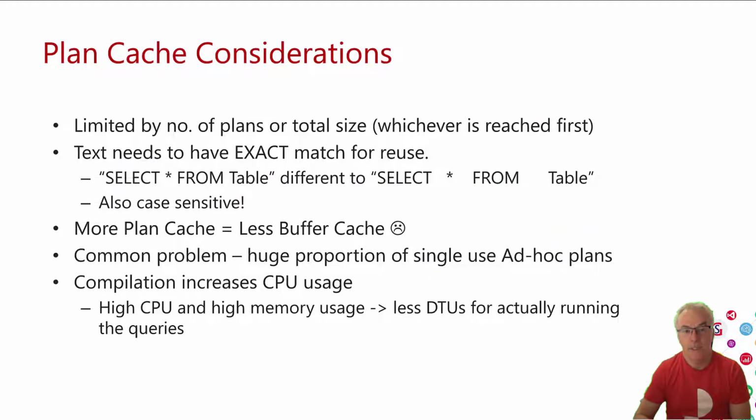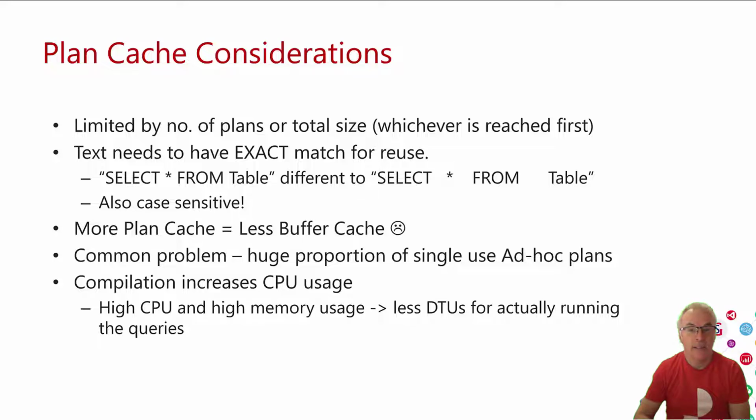Some of the aspects we need to be aware of, though, around the plan cache is that there is a limit to it, either by the total number of plans or by the total amount of memory that it consumes, whichever is reached first. And that will vary depending upon the tier that you have, so how many resources are actually available. The text coming in that gets hashed needs to be an exact match as well.